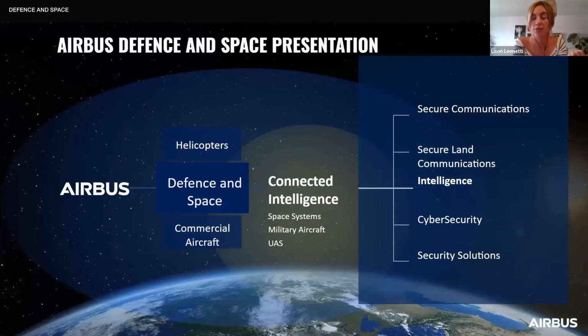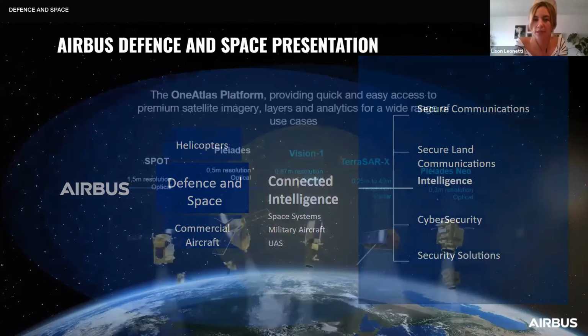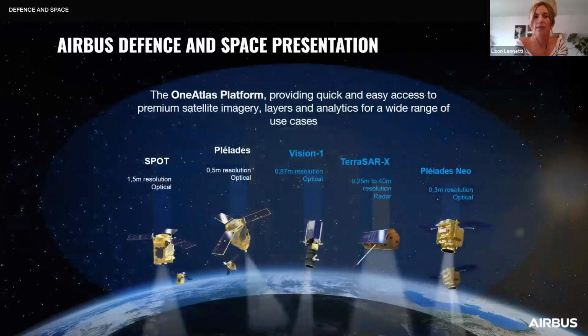Within defense and space, there is another entity called Connected Intelligence, which is where we work with Jeff. So we will introduce what we are doing in this company. Basically we operate a fleet of satellites, optical and radar satellites.